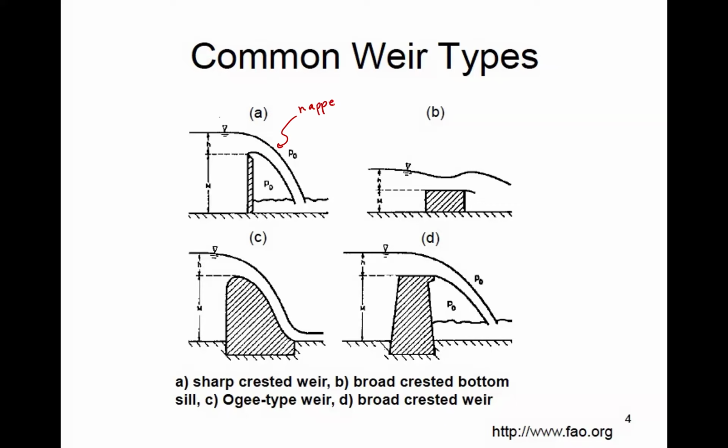It looks like the jet going over this crest, and you get what is called the lower and upper naps. This is the upper, and then you also have the lower nap. Both of them are exposed to air in general, not always. We'll see an example. And then the flow basically plunges down into whatever's happening downstream.